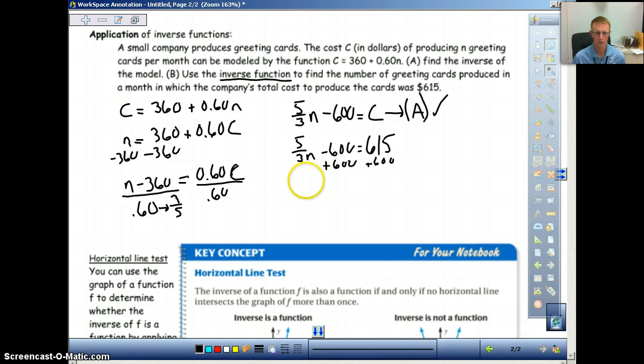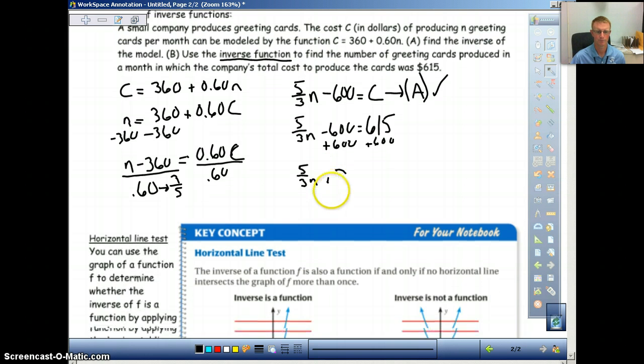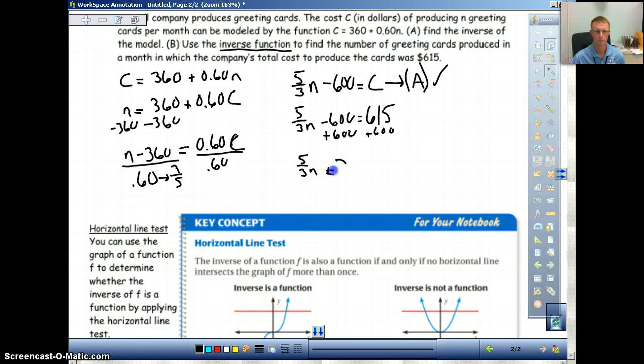So we're left with 5/3 n equals 1,215. Okay, so then we divide by 5/3.